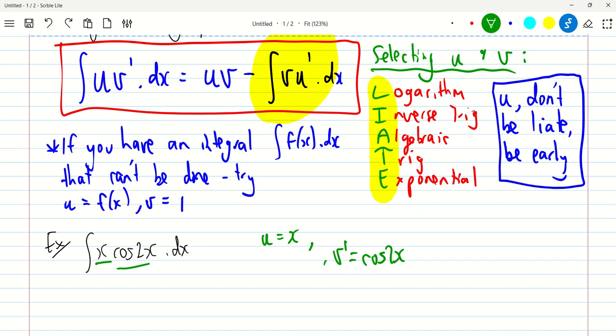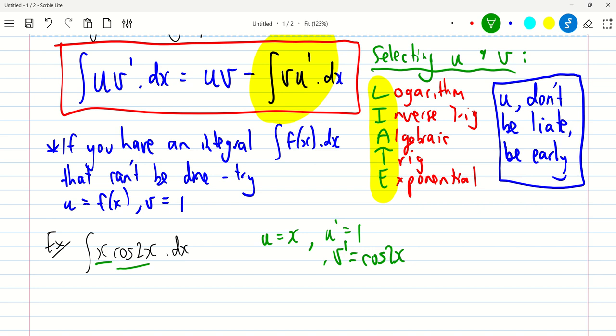So u is x, v dash is cos 2x, and the reason I've chosen that is because x times cos 2x is the integral that we've got here, and that's the formula that we've got up there. Then we're going to do some working out. If u is equal to x, then u dash is equal to 1.